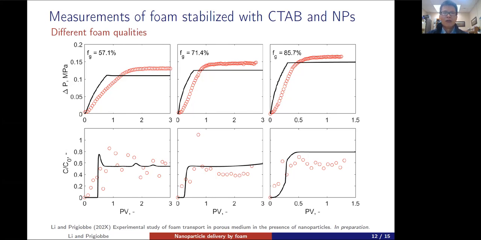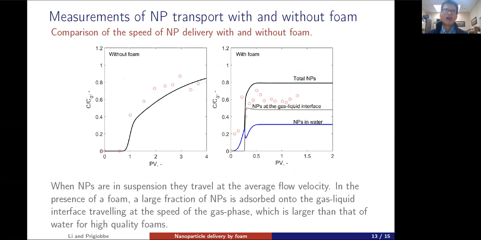And then this slide compares the measured concentration of nanoparticles for experiments without and with foam. We can see here on the left-hand side, the nanoparticles break through around 1 PV when no foam is present. This means that they travel at the average flow velocity.